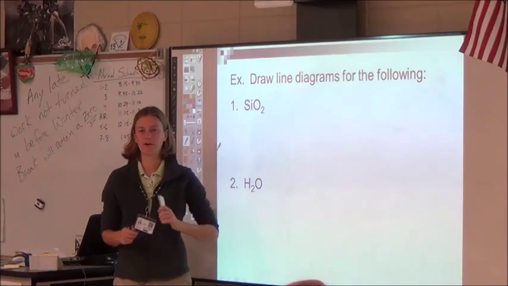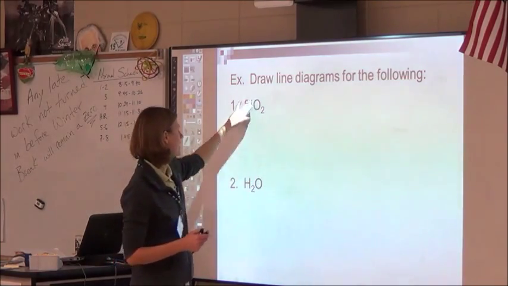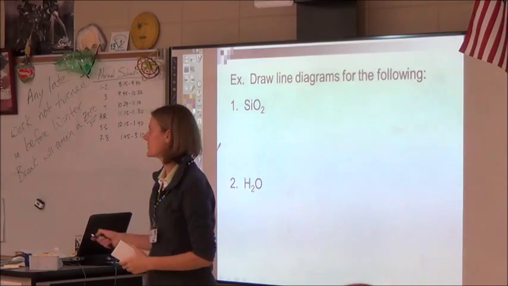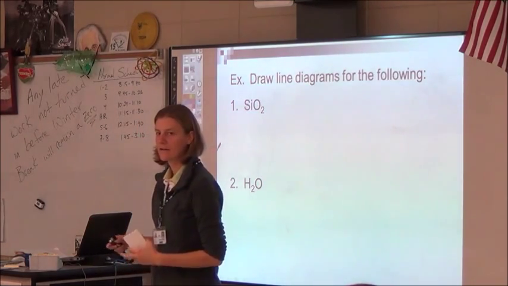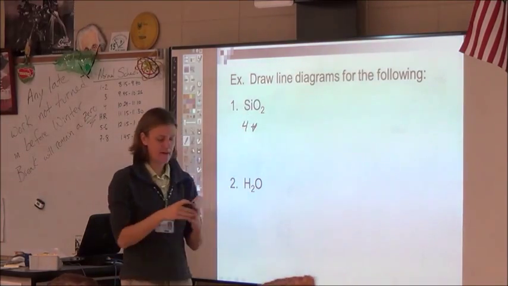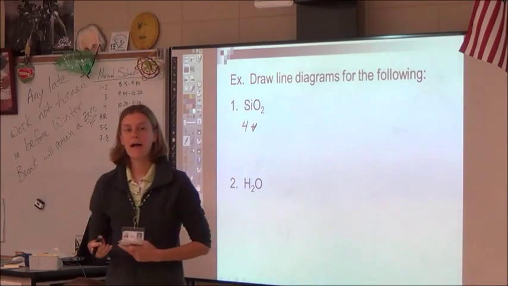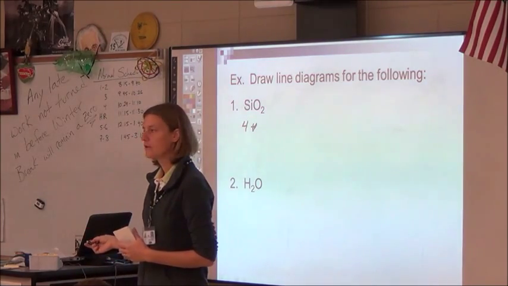We first have to figure out how many electrons we have to work with. So Eric, you've got 1 silicon here. How many valence electrons in silicon? 4. All right, and then we have oxygen. Noah, how many valence electrons does oxygen have? 6.